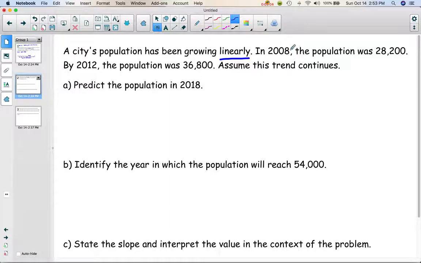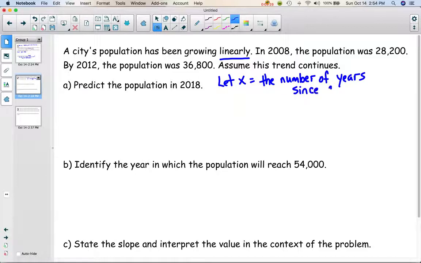Now we could use 2008 as our initial year. But a lot of times, rather than using large numbers like that, I'm going to let X be the number of years since 2008.